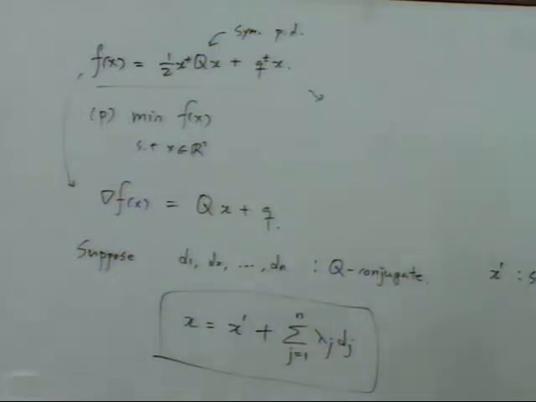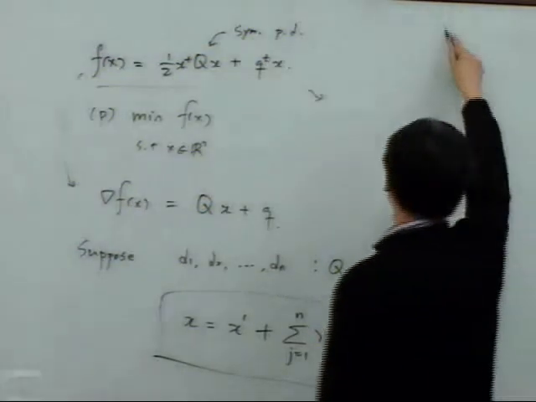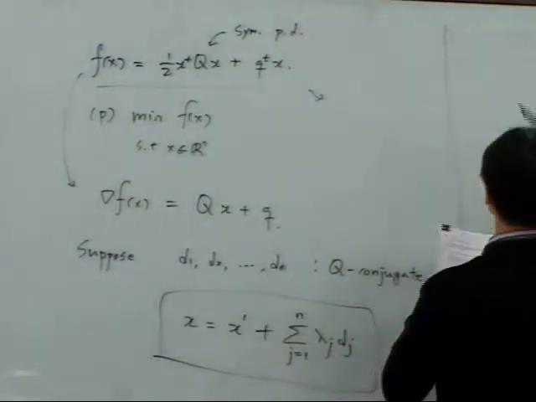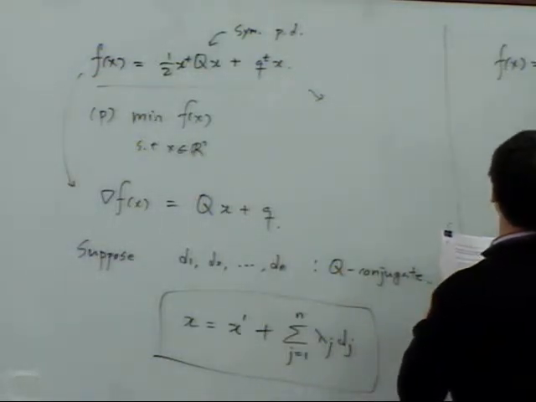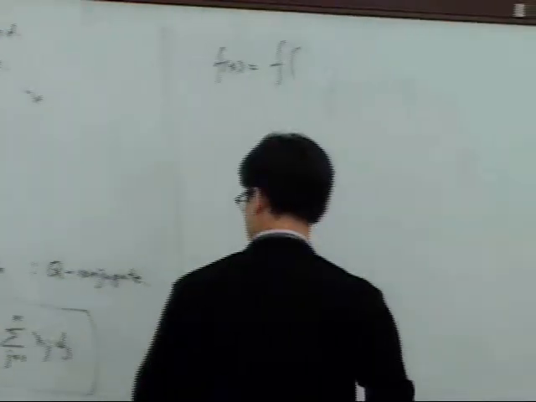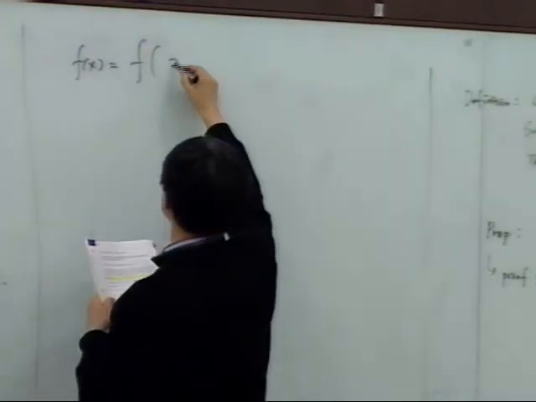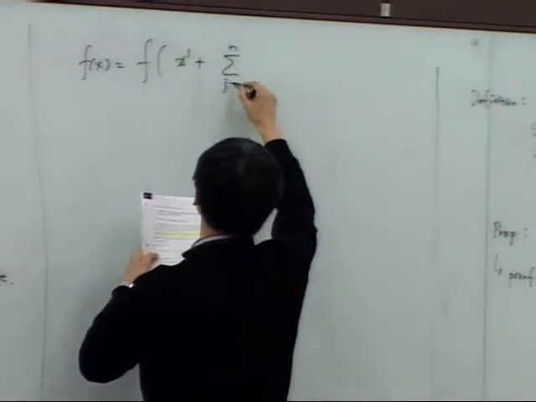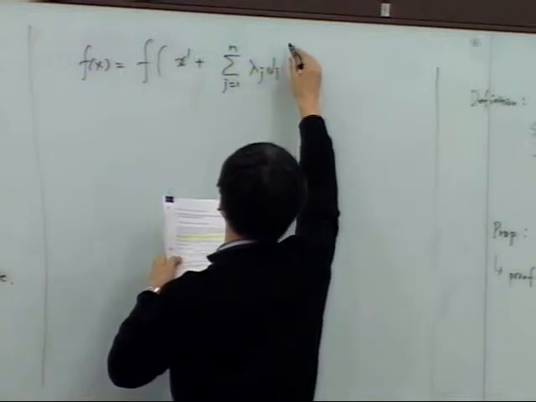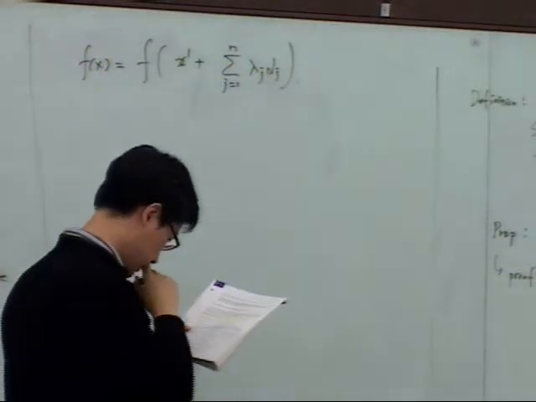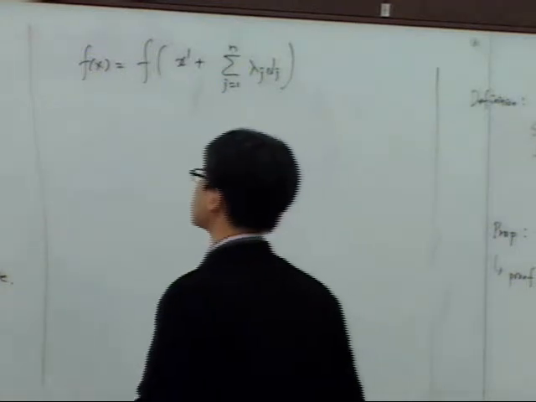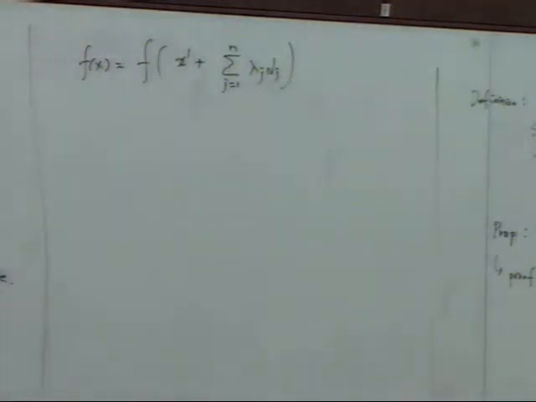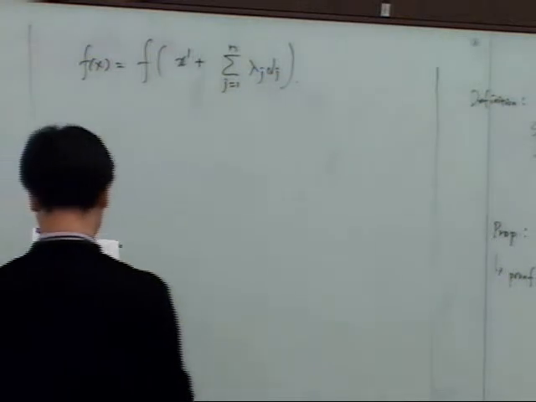So x is equal to the starting point x1 plus the summation of lambda j d_j. And please keep in mind we are only evaluating with respect to this quadratic form.